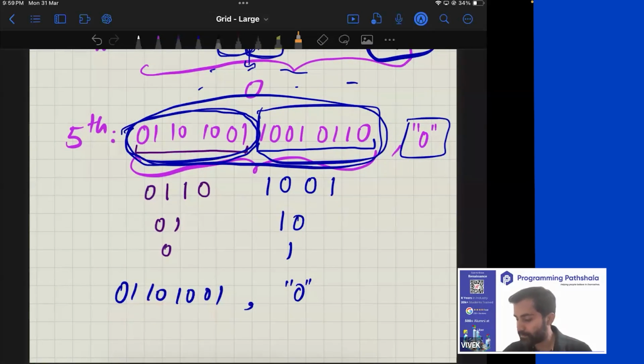But on the other hand, if I pick this little thing and write it here, 1 0 0 1 0 1 1 0, what is this representing? This is the right half. It is representing 1. So the left half of this will denote 1 and the right half of this will denote 0.